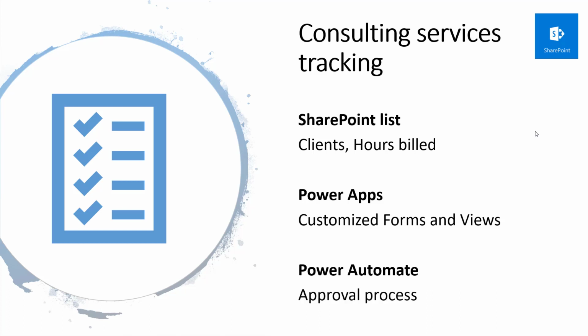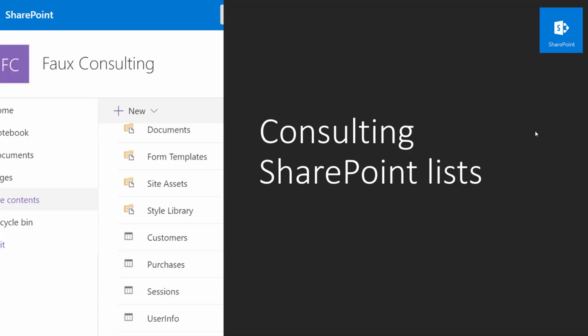So when someone does purchase hours, it goes in there and the lead for consulting gets notified. Afterwards, when hours are actually being used and someone is logging it directly within the Power App, once again an automation is getting kicked off for the approval process. This is a sample of what the consulting SharePoint list looks like.